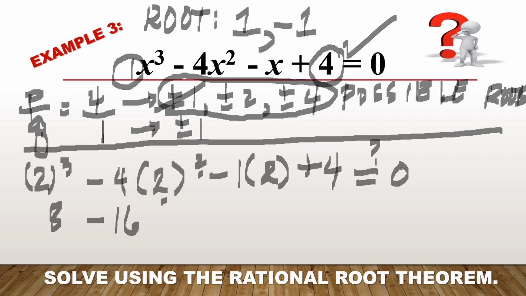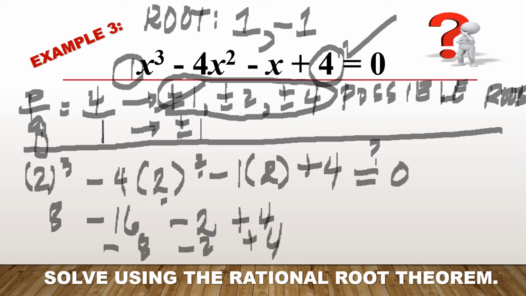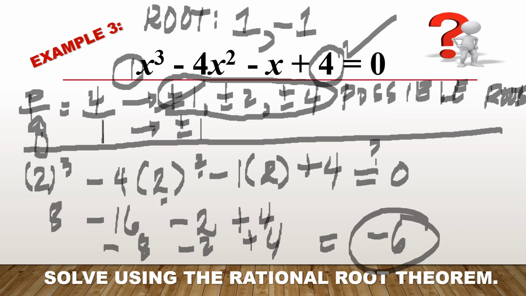Negative 1 times 2 is negative 2, and then copy 4. 8 minus 16 is negative 8, minus 2, plus 4. Let's see if this will give us 0. Negative 8 minus 2 is negative 10 plus 4, obviously is not 0. So therefore, 2 is not a root.